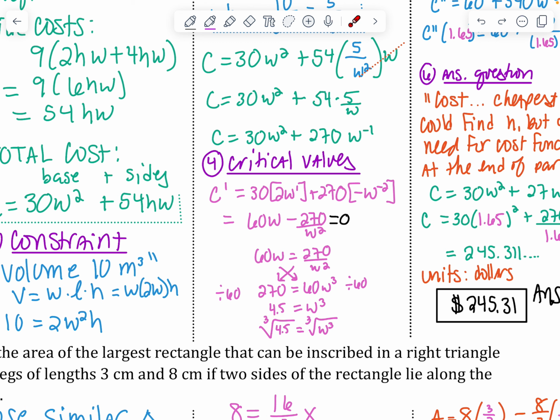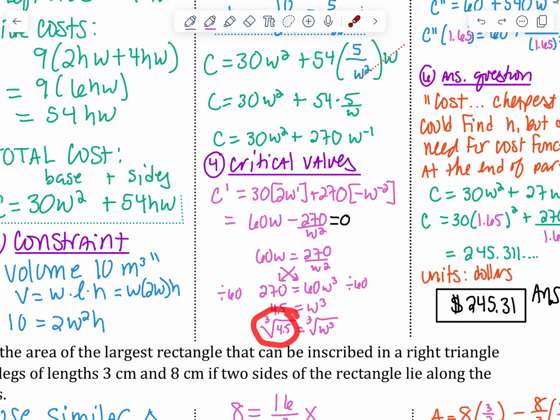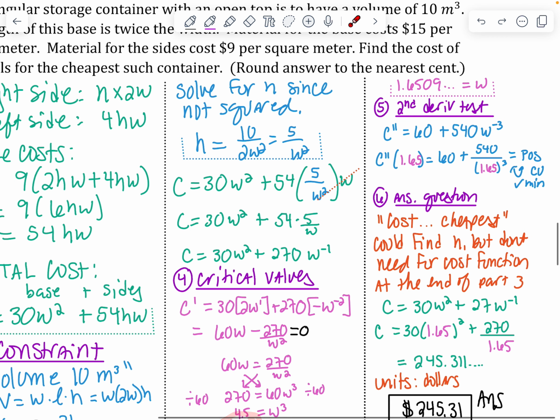Now I lucked out and I got a decimal that terminated on the left. Otherwise I would have left it as the fraction, 270 over 60, before I took the cubed root. Don't forget, you can take the cubed root by taking the 1/3 power of both sides. And when I took the 1/3 power of 4.5, I got 1.6509, etc.